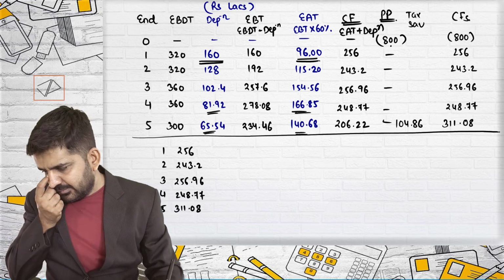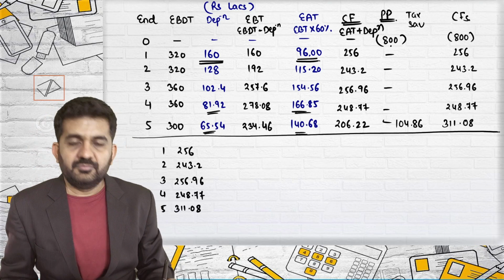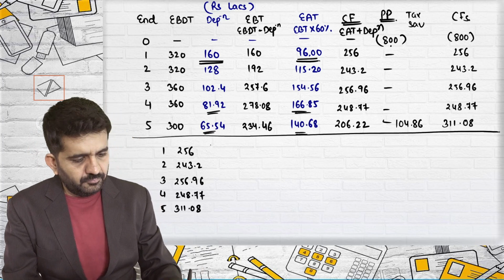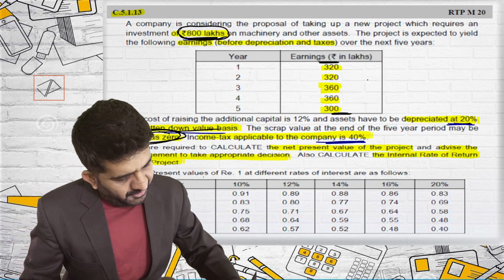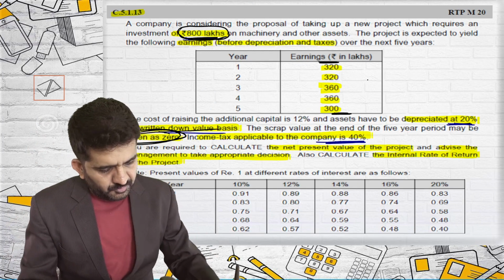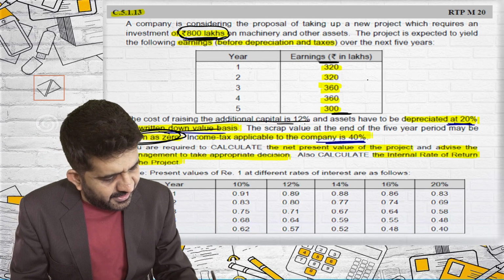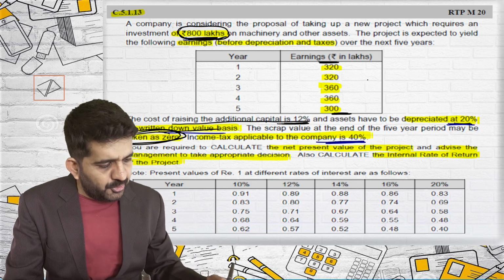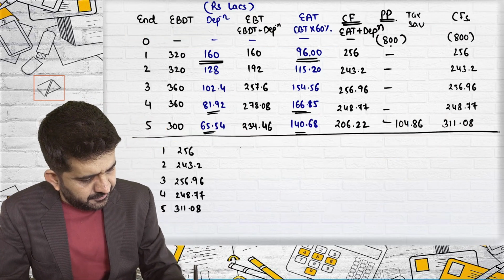Don't see the answer. What is my required rate of return? The cost of raising the additional capital is 12%. So I need to discount this at 12%.